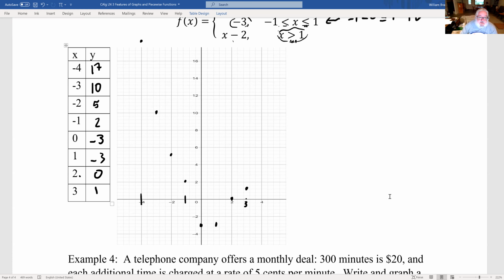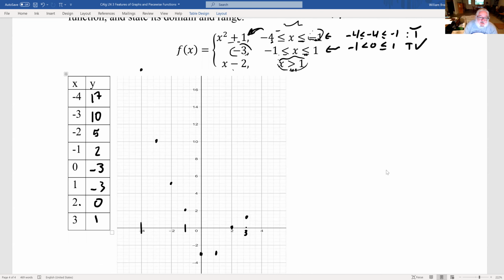And that's this graph. So we can connect these together like that. And this is the graph of y equals x squared plus 1, but only for the x's from minus 4 to minus 1.